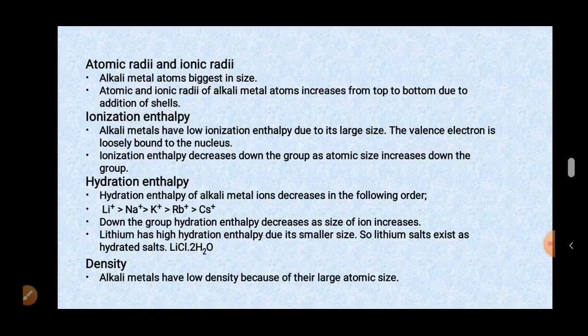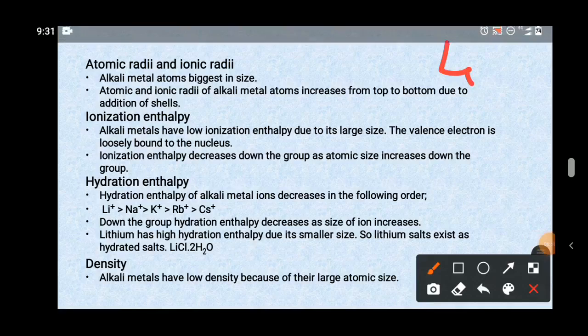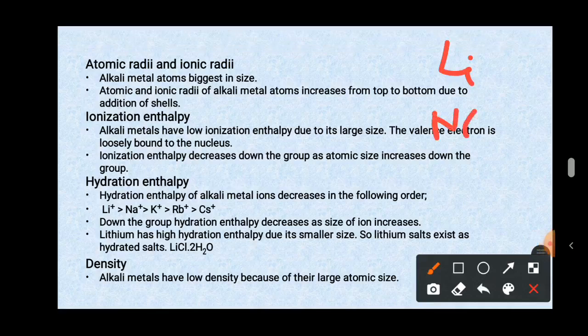When we compare to these block elements, usually alkali metals are bigger in size. Now what happens down the group with respect to group 1 elements? Group 1 elements include lithium, sodium, potassium, rubidium, cesium and of course francium.